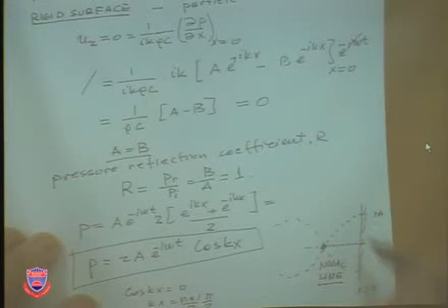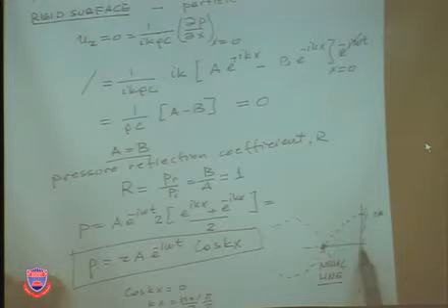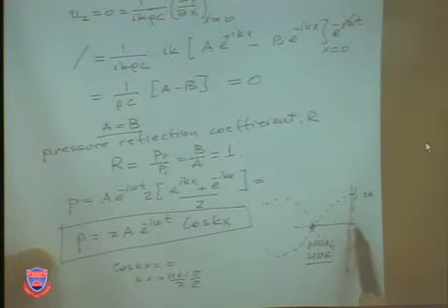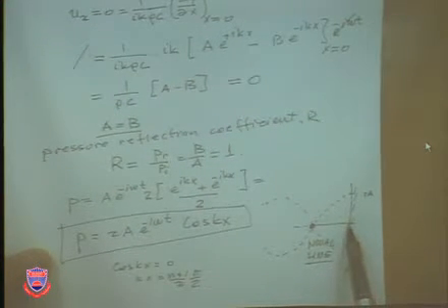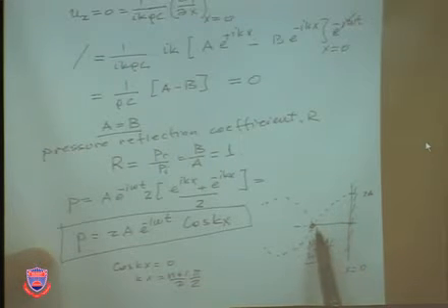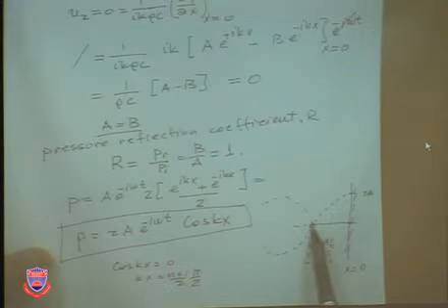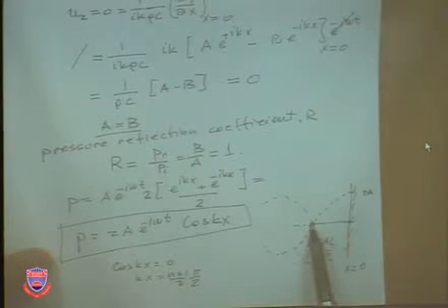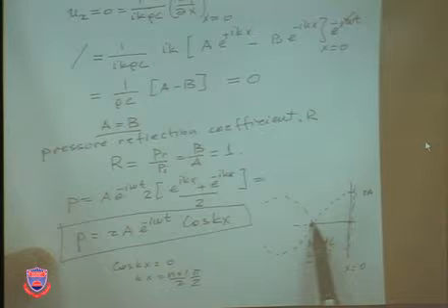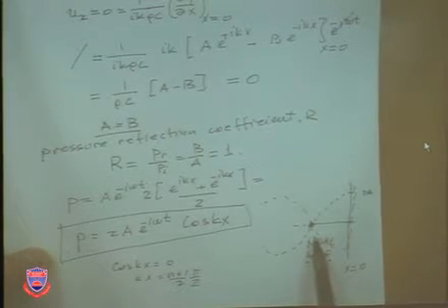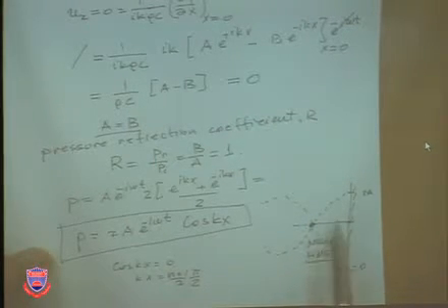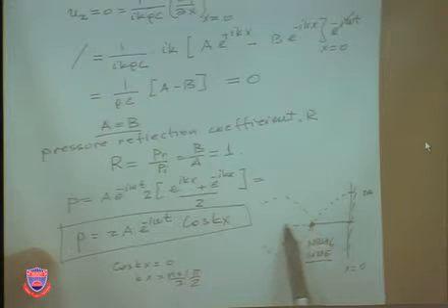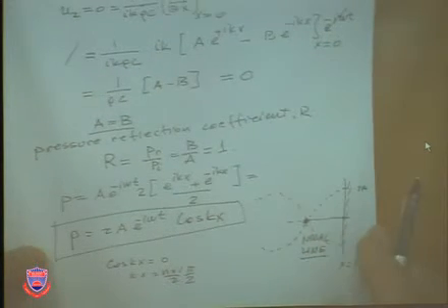And if you have a microphone that you move from the surface a certain distance away, theoretically you'll get zero, because of the destructive interference of the two pressure waves. And then it will increase again and it will decrease.